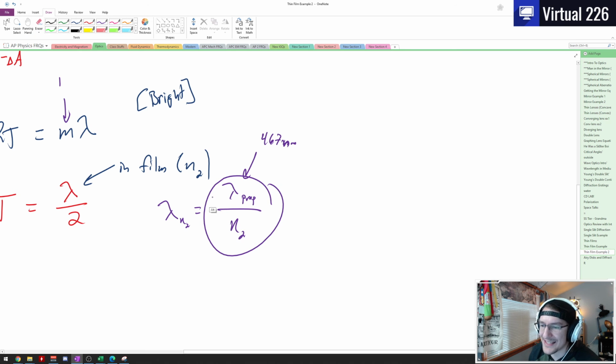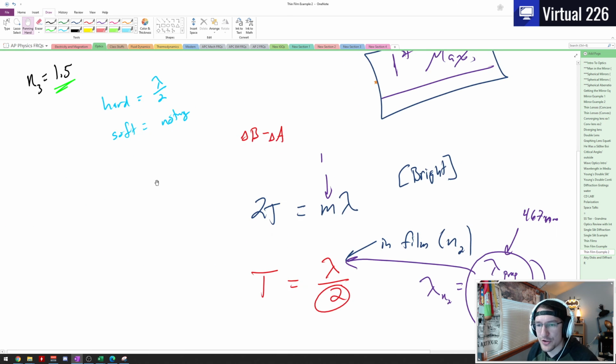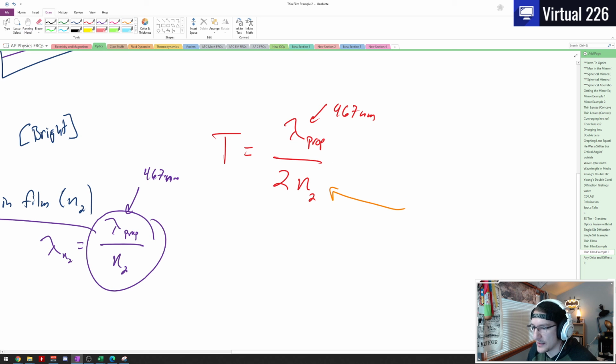We need to take this and put it into this equation. So our true answer for the thickness is going to be lambda proper, 467 nanometers, divided by 2, because that's what we found here, and divided by N2, which in our problem was 2.9. So there needs to be a 2.9 that pops up in there.